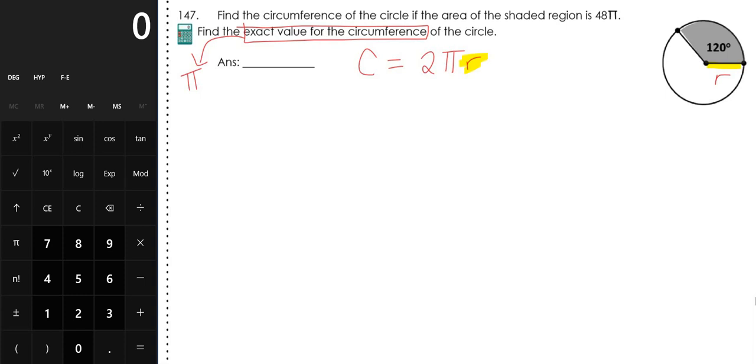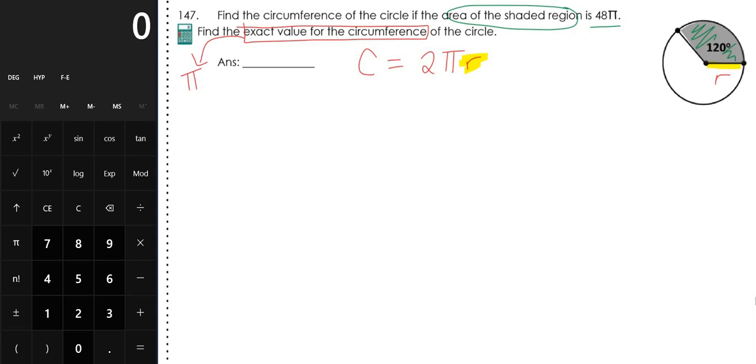Now let's think, what did they give us? They told us that 48 pi is the area of the shaded region. So 48 pi is the area of this gray section right here. Well, that doesn't really give us radius right away, but maybe we can work that backwards to figure out r.